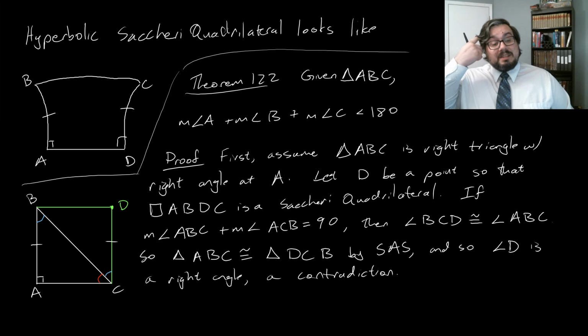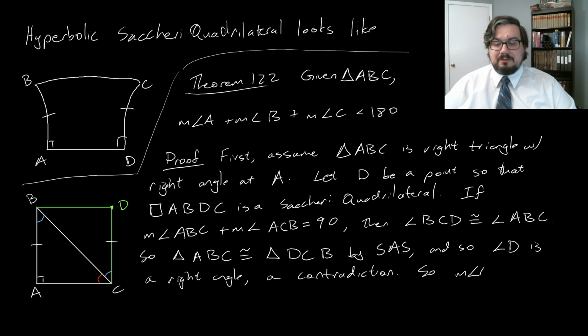So it cannot be the case that the red and blue angles together add up to 90. They must add up to less than 90, and therefore, since the measure of angle A is 90, that tells us that the measure of all three angles inside is less than 180. So the measure of angle A plus the measure of angle B plus the measure of angle C is strictly less than 180.